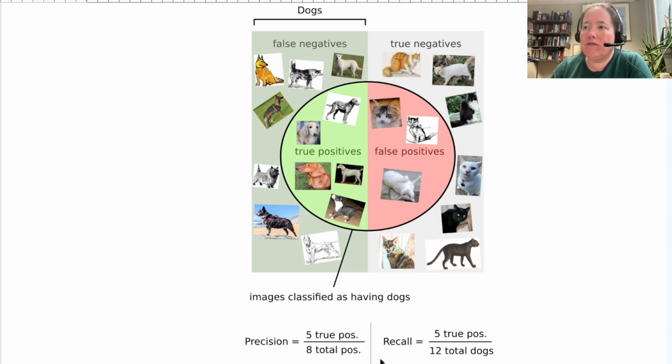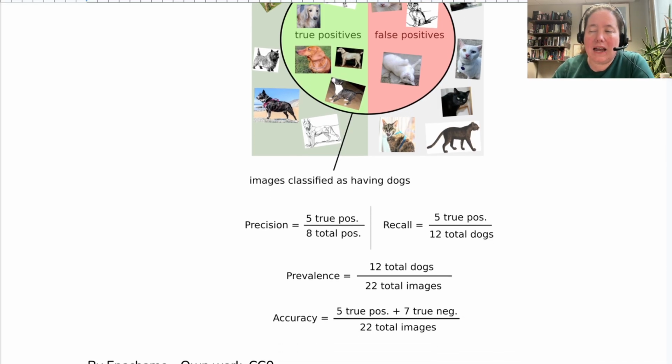There are other things that you can look at. You can look at the prevalence of dogs as a part of the data set. So 12 dogs out of 22. There are slightly more dogs than there are cats in this data set. And you can also look at accuracy, where you would look at the number of correct categorizations regardless of category and divide it by the total number.